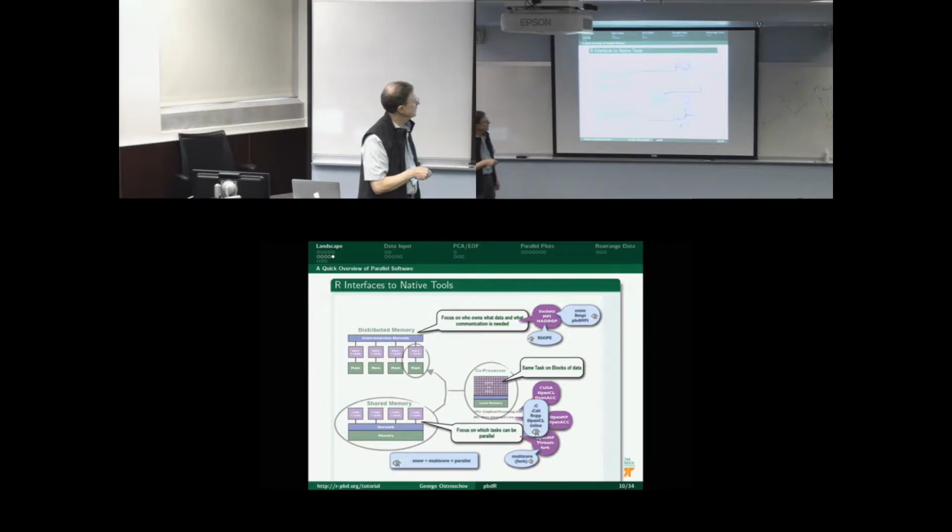Down here, all of these magenta or purple things are compiler directives. R is a scripting language, and it's not compiled. There's no compiler, so none of those things are directly available in R. In order to use any of these things, you have to program it in another language, C or Fortran or CUDA, and that's how you can use the parallelism there.